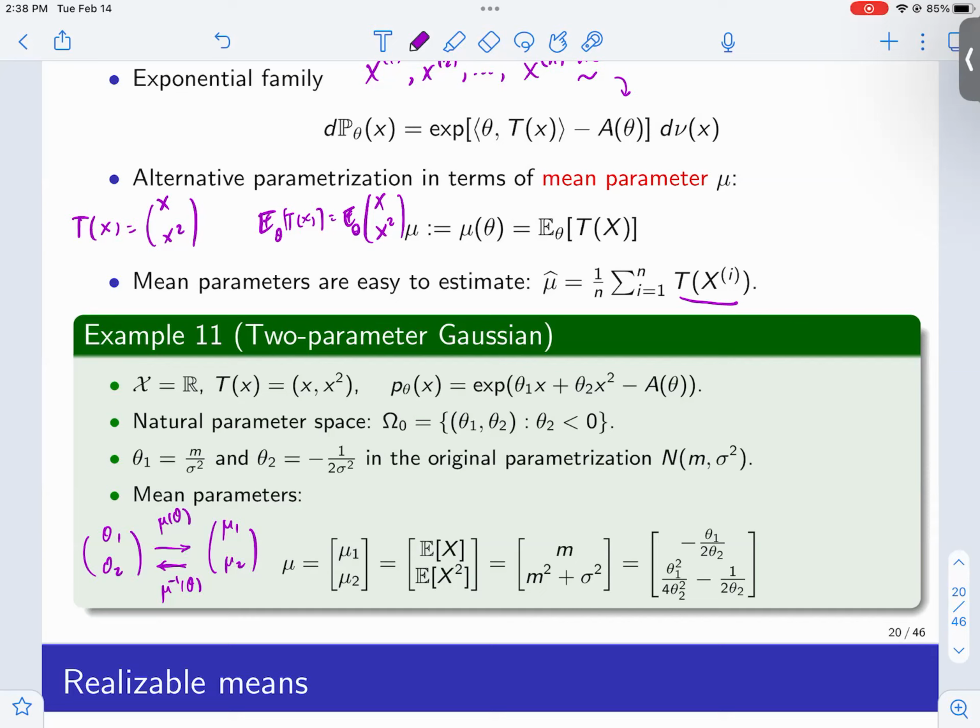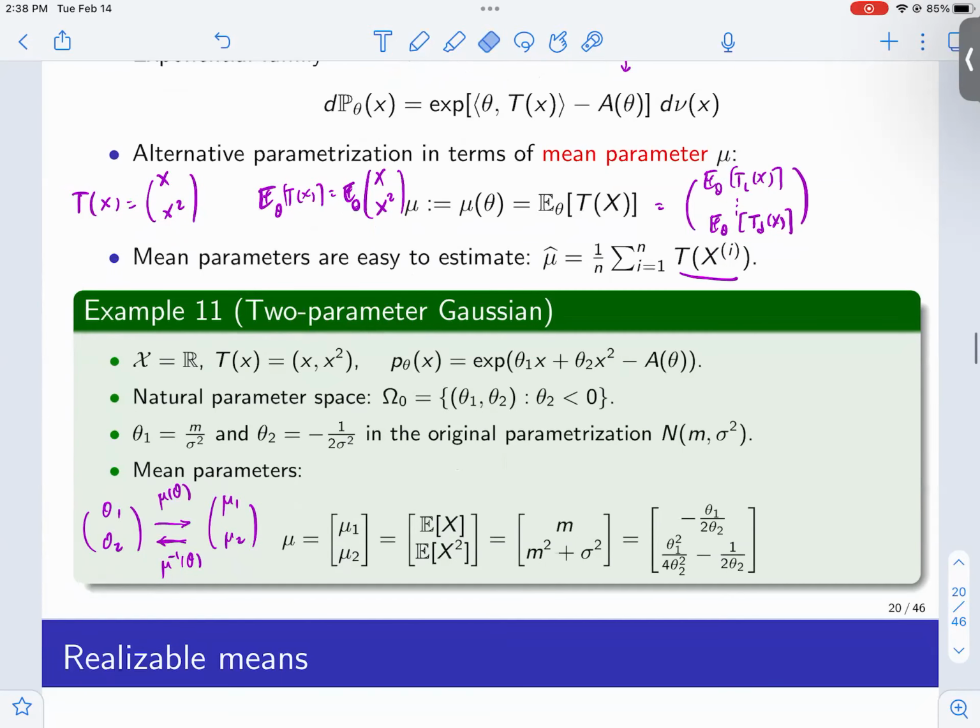Right, so this is really E theta of T1 of x, up to E theta of TD of x. Okay. Any other questions?